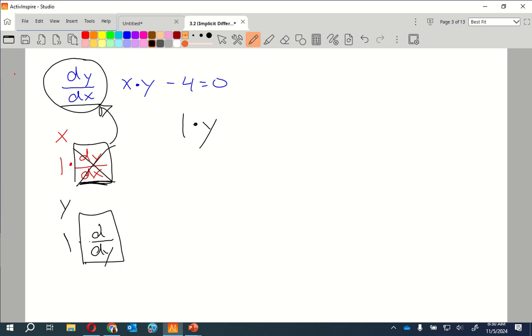What's the symbol that goes next if it's product rule? Product rule is plus. Next one's going to be g prime f. G prime is going to be the derivative of y, which is 1 times dy/dx.